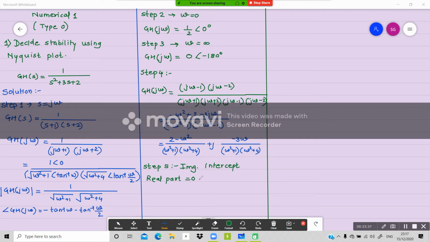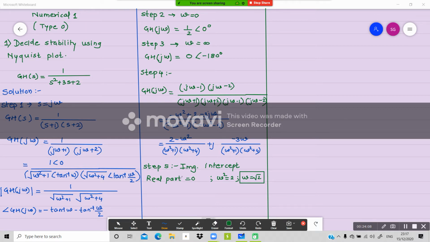That will tell you this numerator becomes equal to 0, so ω² is equal to 2, that is ω is equal to root 2, because we are not talking about the negative value. So at frequency ω equal to root 2, it is going to intersect the imaginary axis.